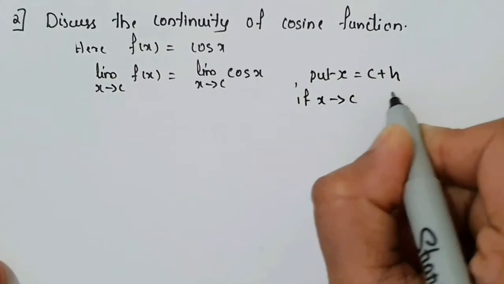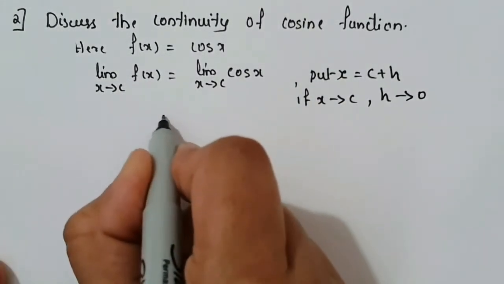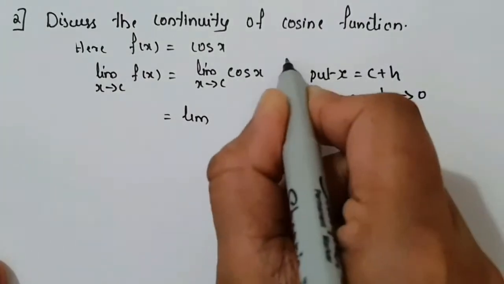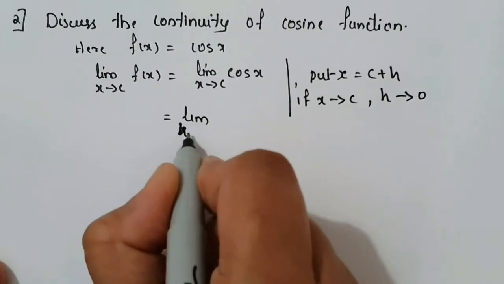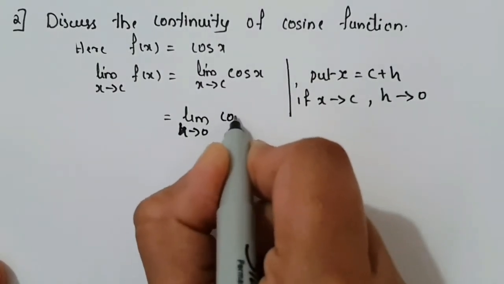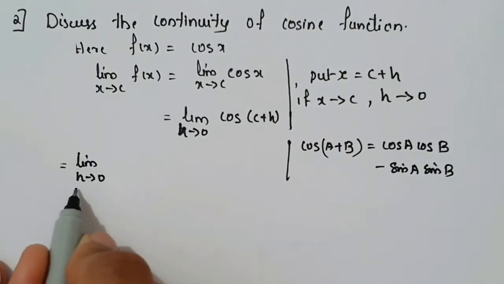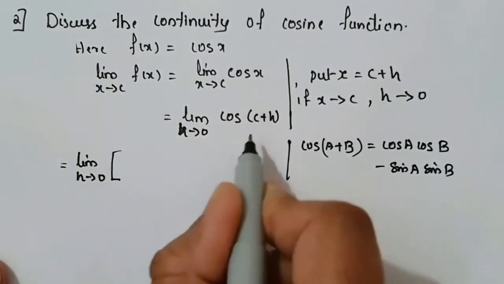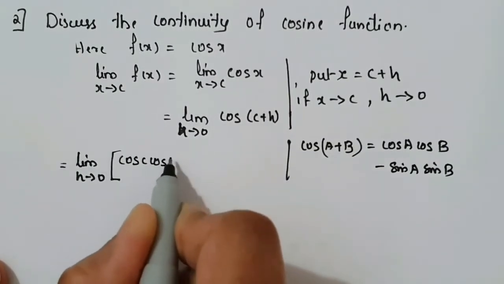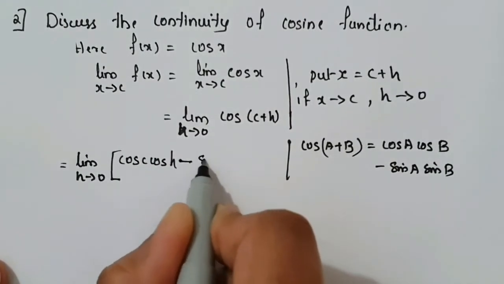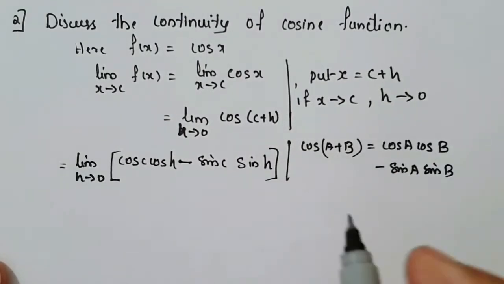If x tends to c, then h tends to 0. So, this is equal to limit h tends to 0 cos of c plus h. This is equal to limit h tends to 0 of cos c cos h minus sin c sin h.